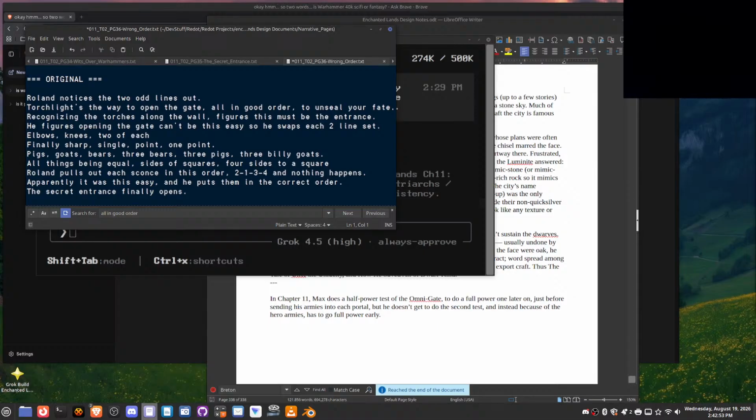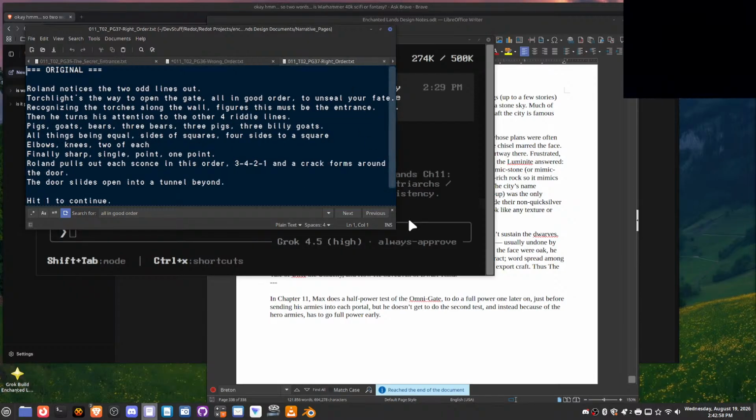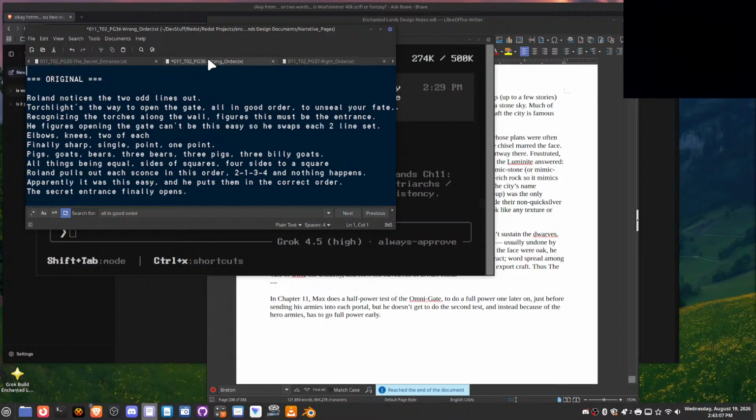Okay. And then the right order, 3, 4, 2, 1. Pigs, goats, and bears. Let's see. It's pigs, goats, and bears.